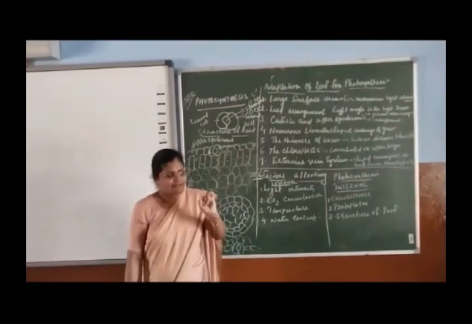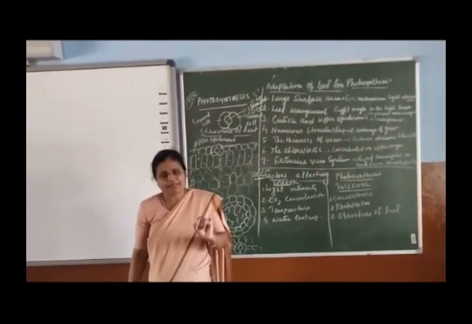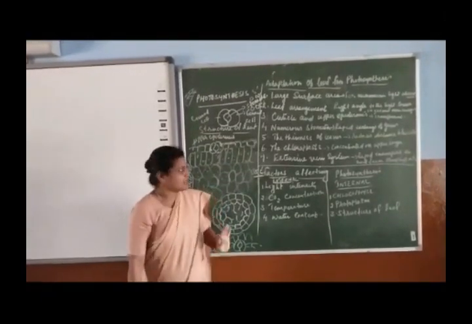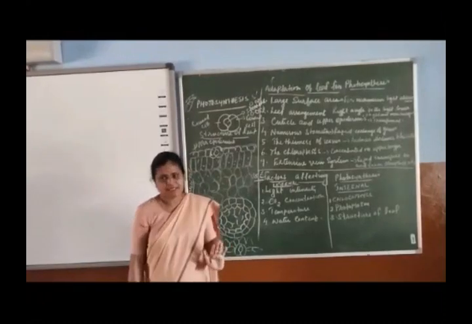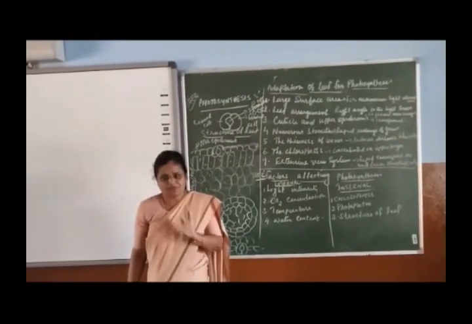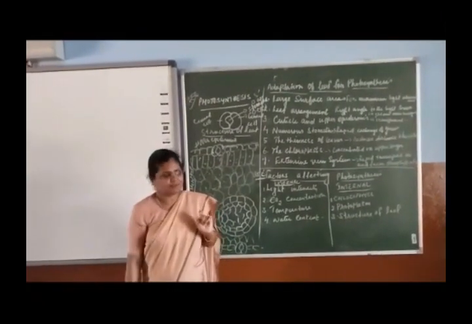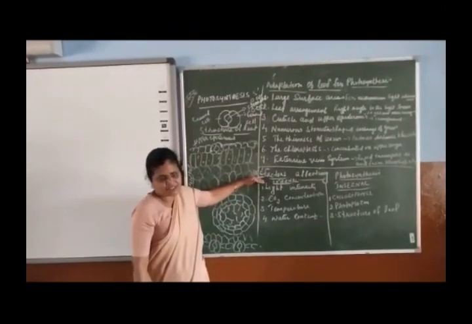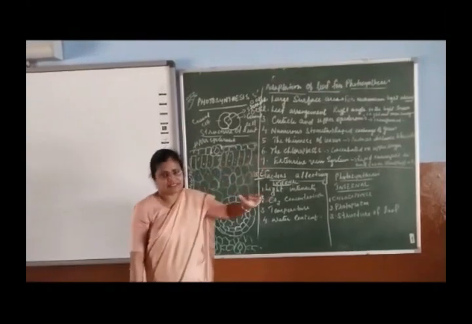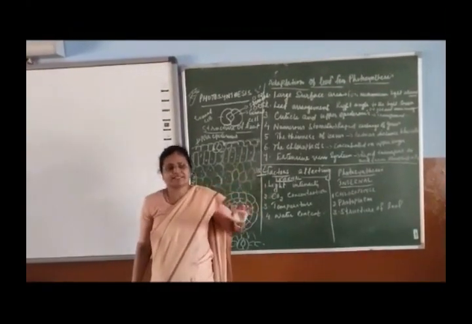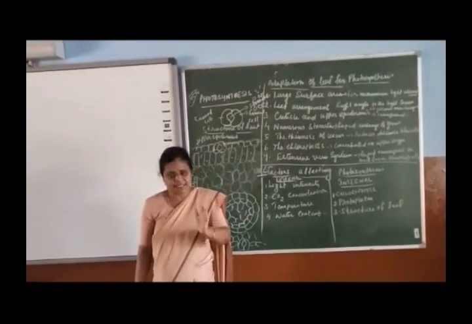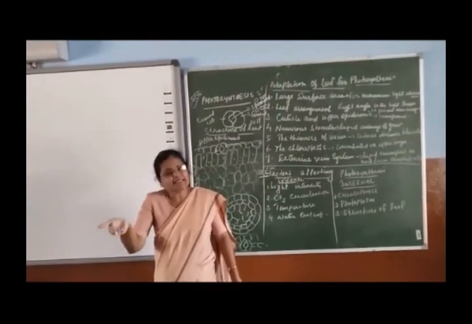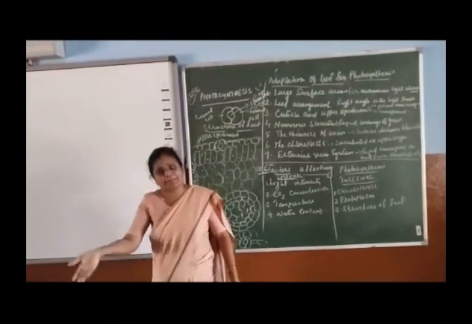I repeat, with the increase in the temperature, the rate of photosynthesis increases. Once the temperature reaches 35 degrees Celsius, it stops, which means the optimum temperature for photosynthesis is 35 degrees Celsius. Beyond 35 degrees Celsius, the rate of photosynthesis decreases. In other words, with every increase of 10 degrees Celsius, the rate of photosynthesis doubles.